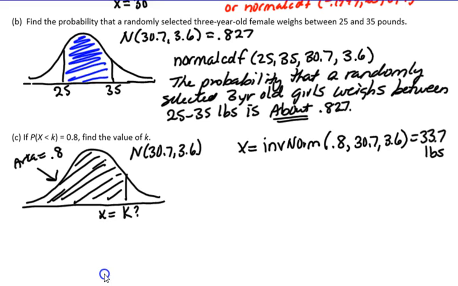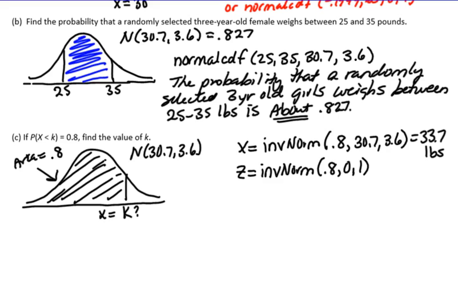And that looks very reasonable, because I know my mean's 30.7, so having this value be 33.7 makes very good sense. I want to show you something else, though. If I want to find the z-score, and sometimes you need to, you put in 0.8, but then you leave this as 0 and 1.